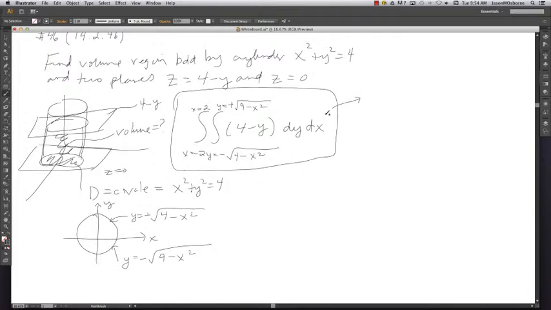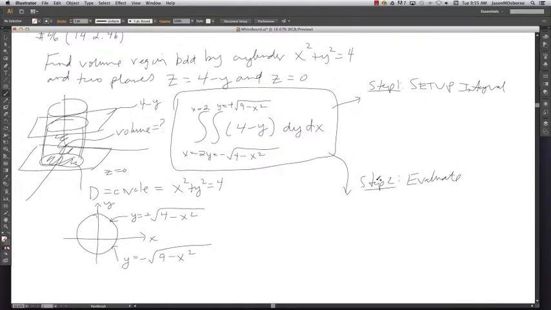Oftentimes, step 1, they could just say set up the integral, and then you would be done. But this problem has asked us to find the volume, so step 2 is to actually evaluate the integral.